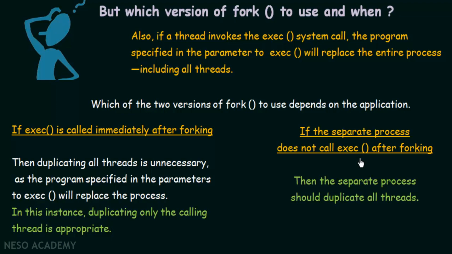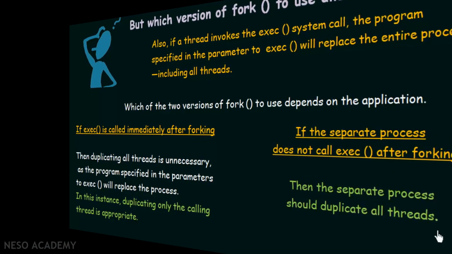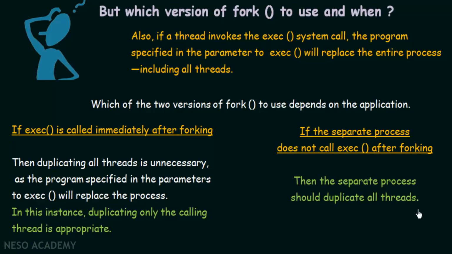So in that case, we may want a duplicate of all the threads, and that is why the thread called the fork system call. When the fork system call is not followed by an exec, the new process should duplicate all the threads. That is how we use the two versions of fork depending upon the application.